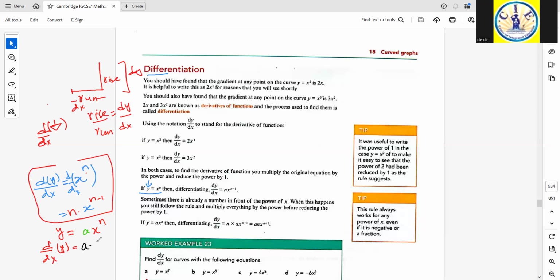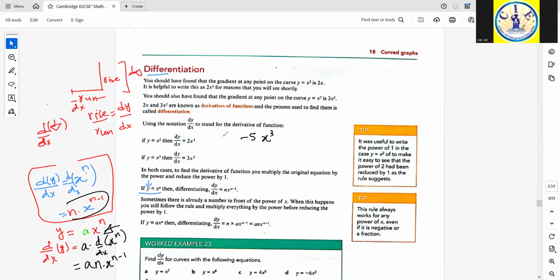Then we differentiate x raised to power n, and its answer is as we calculated in the previous rule. So a times n x raised to power n minus 1 would be the derivative of a x raised to power n.